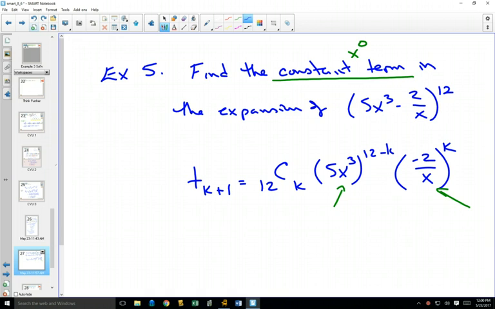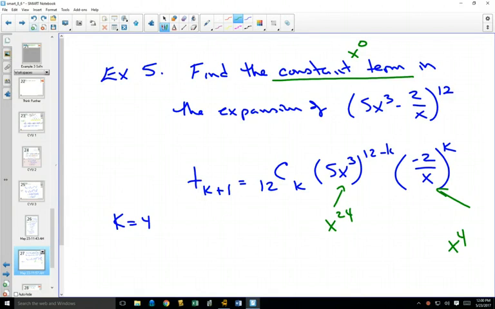So Erwin, tell me a k value that doesn't work. K equals 4. So if we start with k equals 4, 12 minus 4 is 8. Can you see that that would give you x to the 24 here on top? And you would have x to the 4 on the bottom. If that's simplified, you'd be left with an x to the 20.